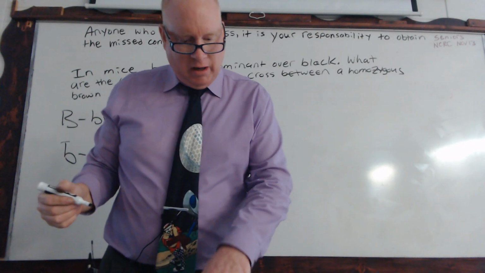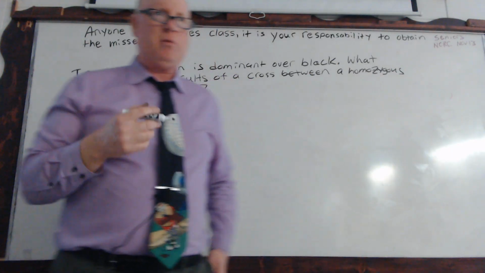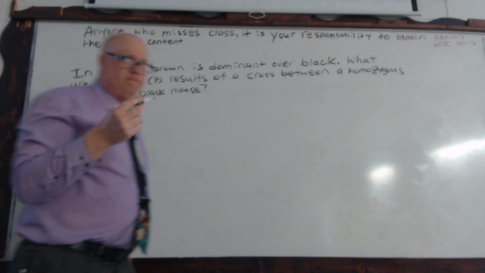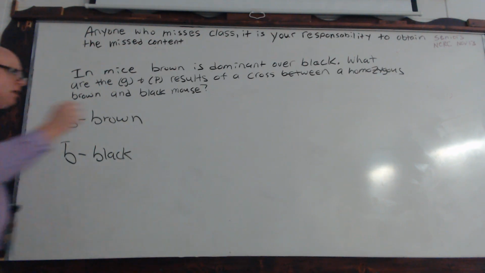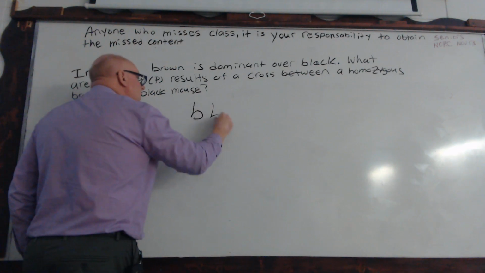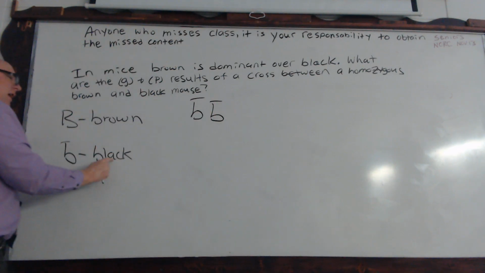So what is a homozygous recessive mouse? What are your two alleles? That's what you see, but that's not the genotype. It says, what are your two alleles? Those are the letters that make up your trait. Two lowercase letters. That would give you a black colored mouse.